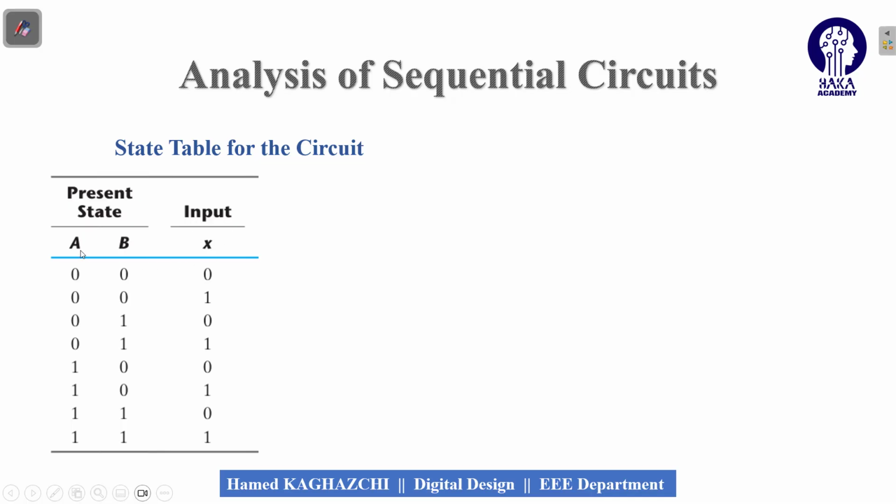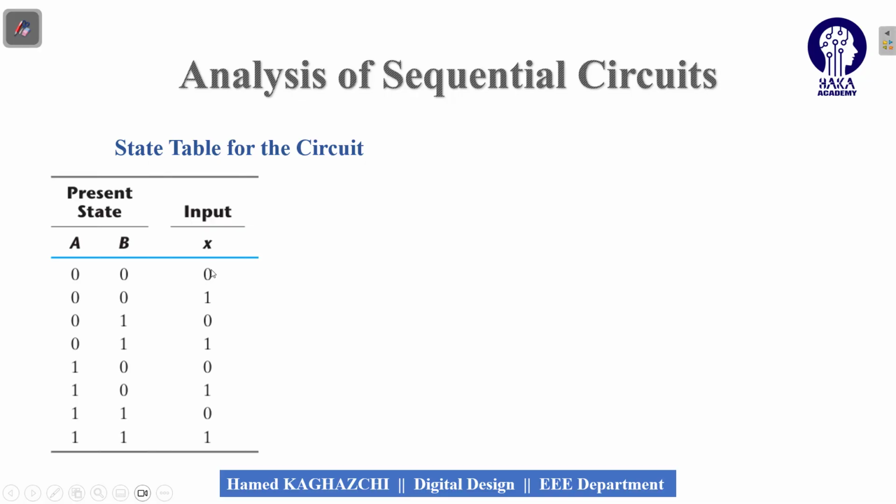Because we have two variables for the flip-flops, we will have four possible combinations: 0 0, 0 1, 1 0, 1 1. But because we have one input, we can have two possible values for it, 0 or 1.